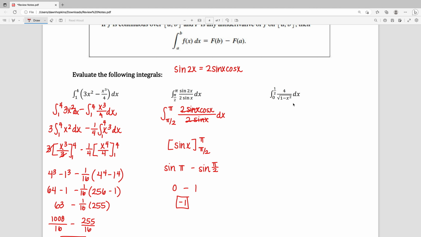The third one here, you might be looking at this saying, I can't quite remember what to do here. This is going to make use of the inverse. If you were asked to differentiate the inverse sine function, you will end up with 1 over the square root of 1 minus x squared, which looks somewhat familiar to what we have here.